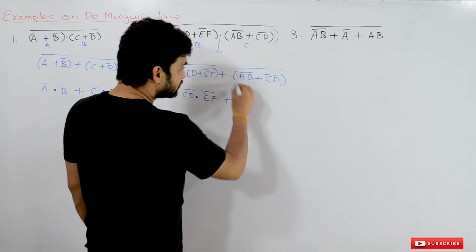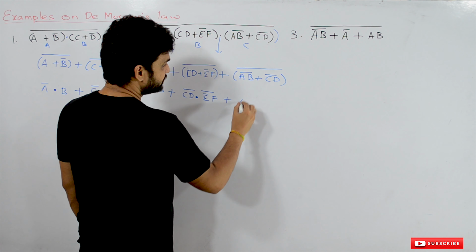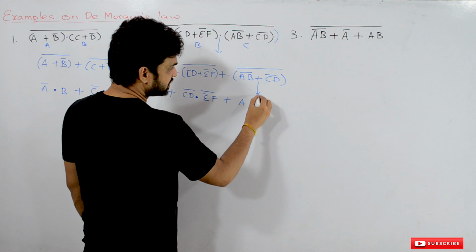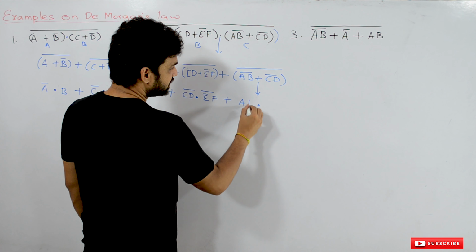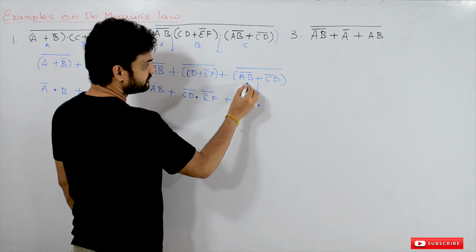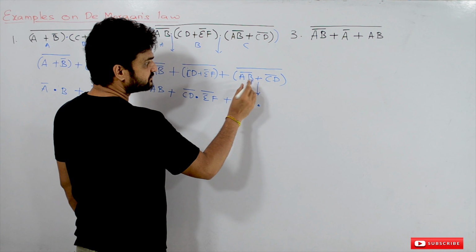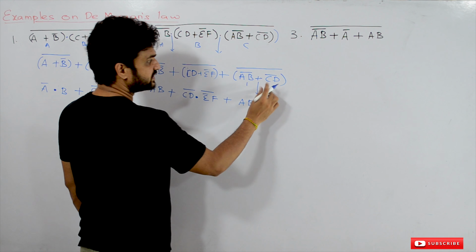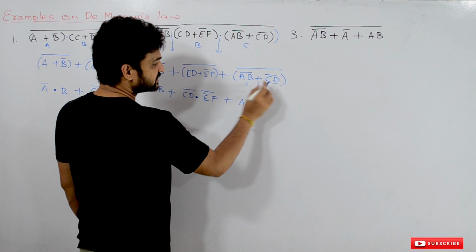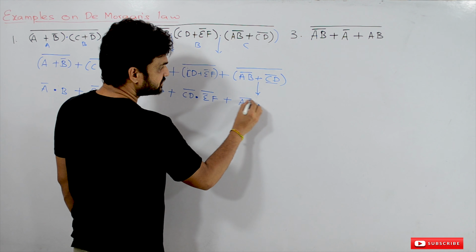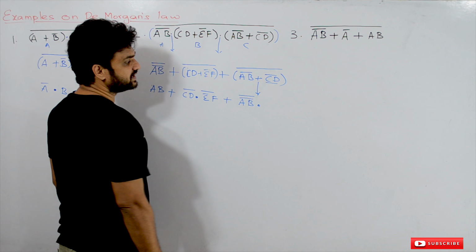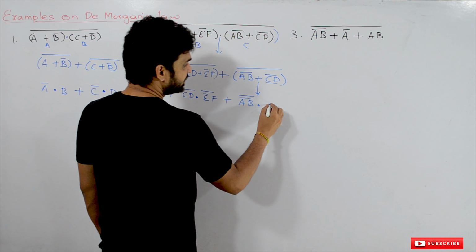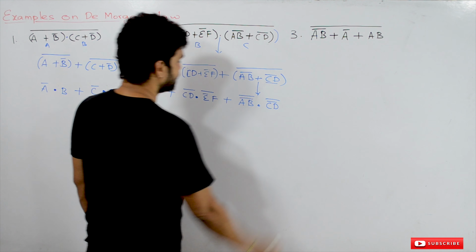So this part can also be De Morganized. How? First convert plus to dot and find the complement of each and every variable. You take this entire part as one variable and this entire part as another variable. So now the complement of it is going to be (AB bar) whole bar and (CD bar) whole bar.